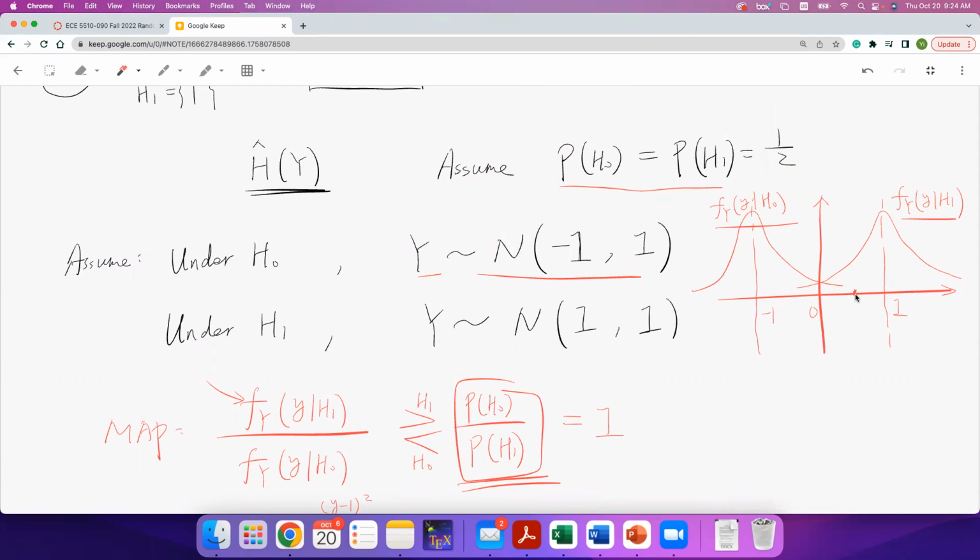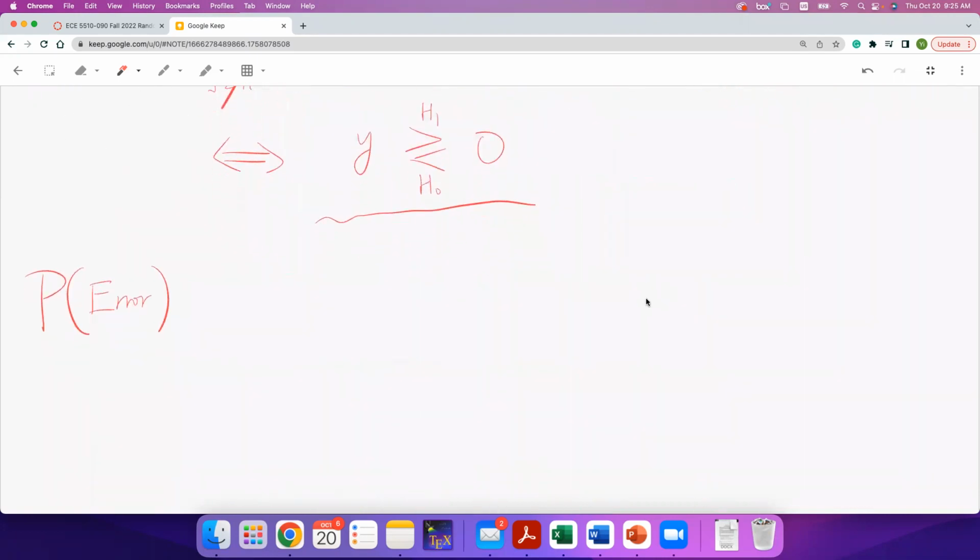So this is the case when we can make mistakes. Similarly, if we observe a negative observation, then this MAP rule will decide negative 1. But it could be the case where we are transmitting 1, but due to a large noise, we observe a negative signal. So these are the possible mistakes made by the decision rule.